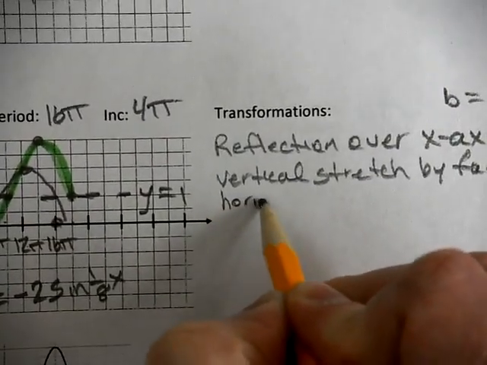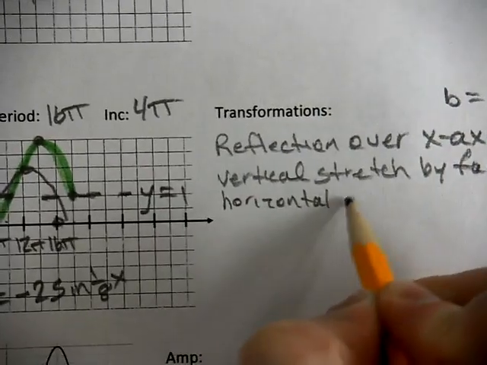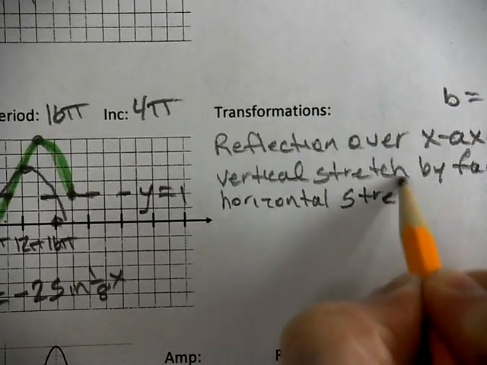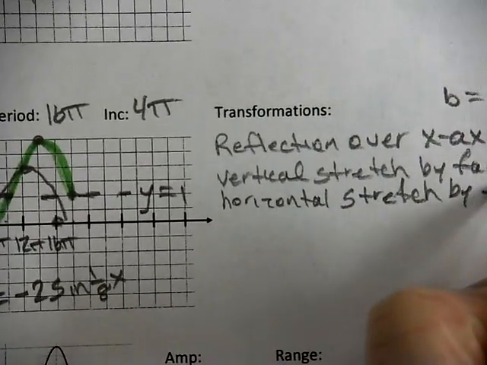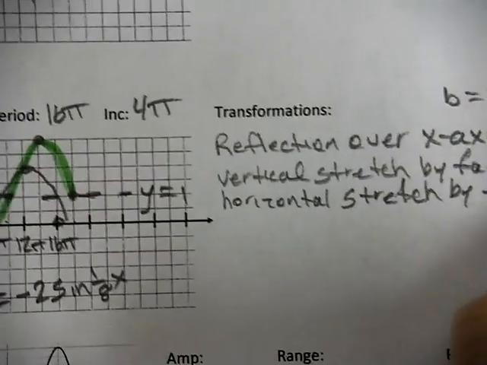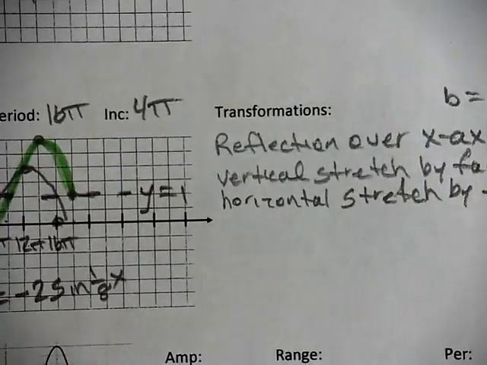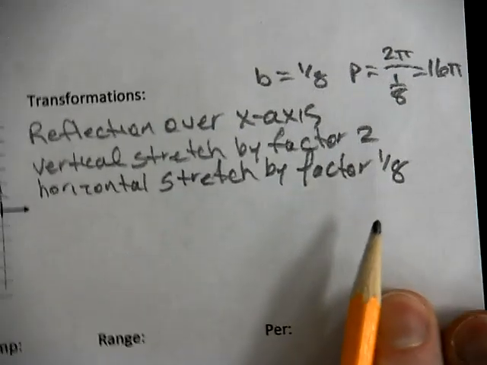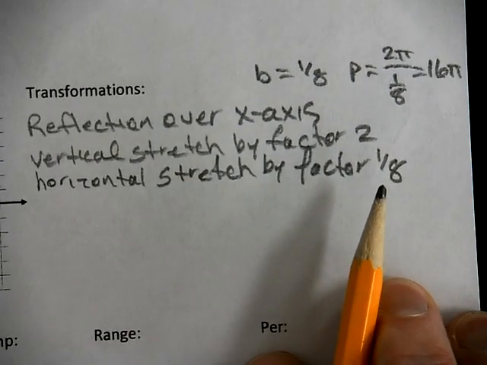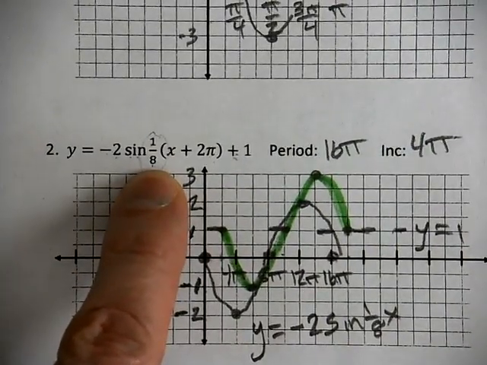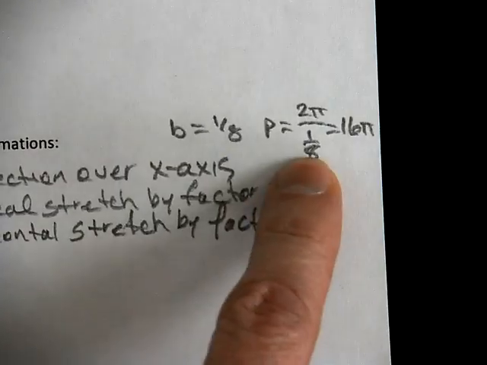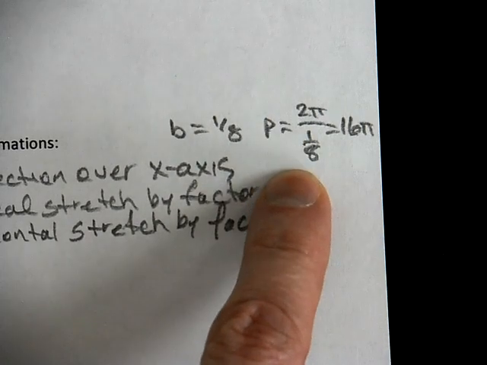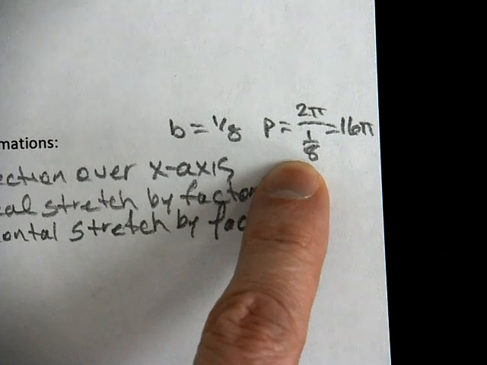We have a horizontal stretch by a factor of 1/8. Now, 1/8 we typically think is shrinking, but the 1/8 in our equation is actually stretching it out. We notice that by dividing by 1/8, because period is 2 pi divided by b.